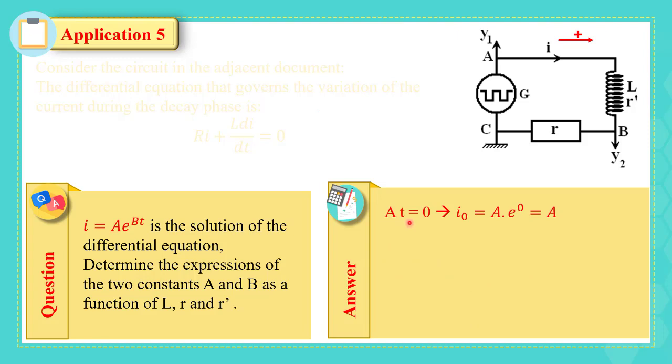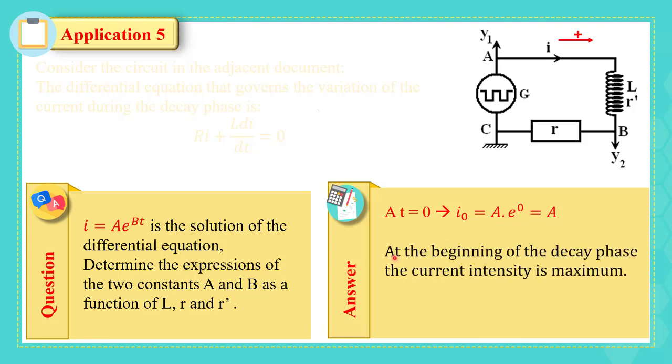In this case, at t equals 0, I0 equals A e to the power 0, which is equal to A. So A equals I0, which was the value of the current at the beginning of the decay, which will be equal to I maximum. So A equals I maximum.